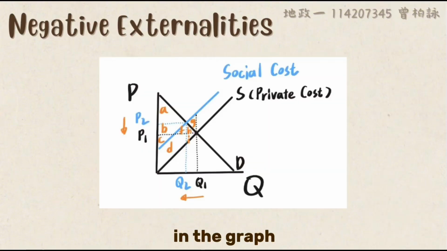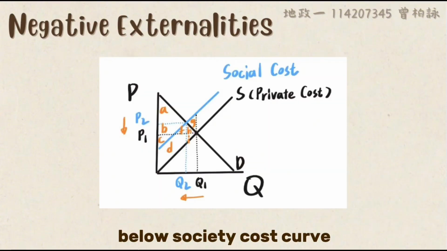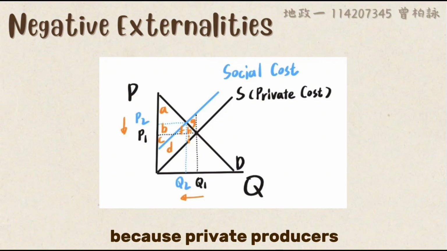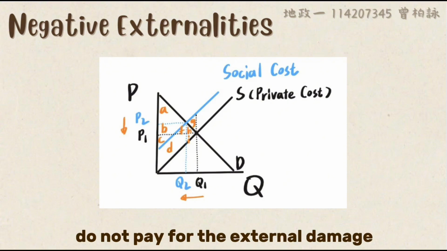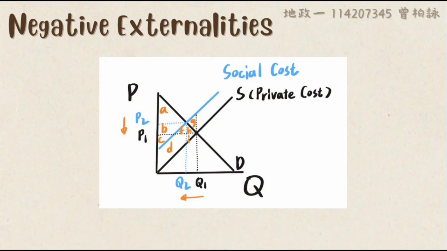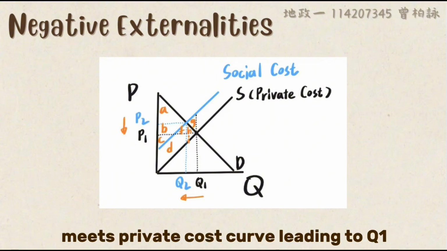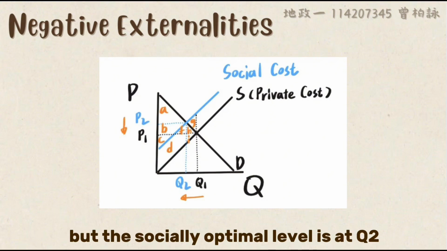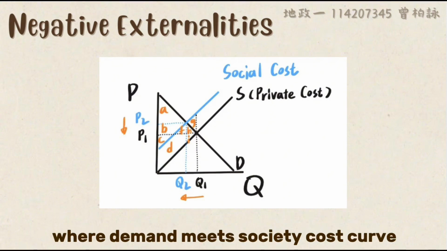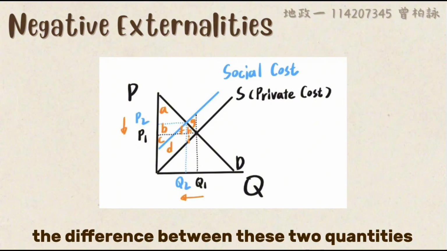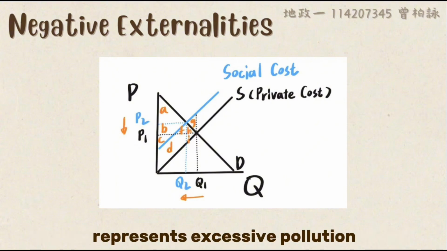In the graph, the private cost curve lies below the social cost curve because private producers do not pay for the external damage. The market equilibrium is where demand meets the private cost curve, leading to Q1. But the socially optimal level is at Q2, where demand meets the social cost curve. The difference between these two quantities represents excessive pollution.